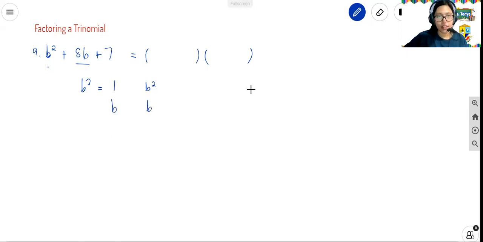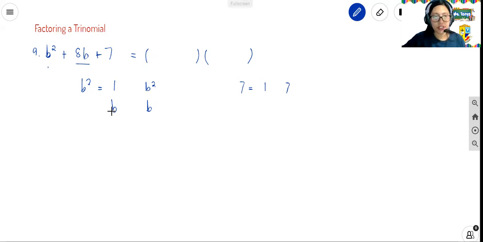Let's look at 7. What are the factors of 7? We only have 1 and 7. So we need to find a pair of the factors of b squared and 7 so that when we multiply them, the answer will give us the middle term.